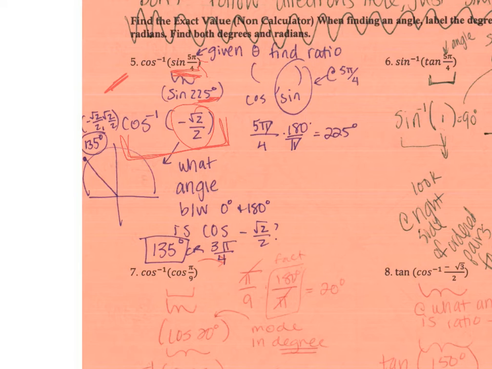So at what angle, now there's a restriction between quadrant 1 and 2, between 0 and 180 degrees, is the left side of the ordered pair -√2/2? And if you spin around and look in quadrant 1 and 2, at 135 degrees, that is where the ratio is -√2/2. So your answer is 135. And check, that is between 0 and 180.